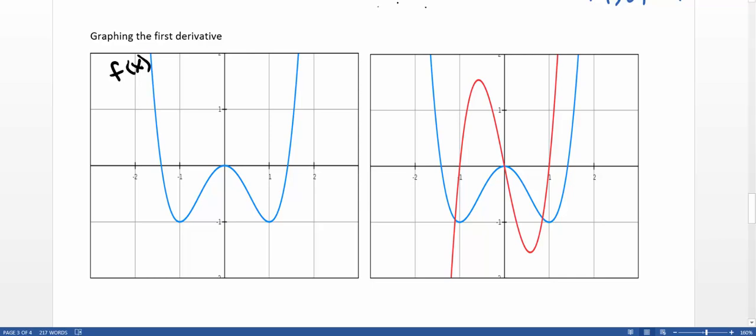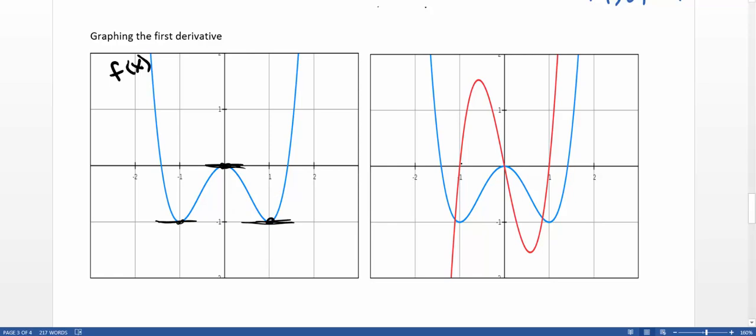It's always easiest to start with the zeros of the graph, so look for places where we should have horizontal tangent lines. Here we're changing from increasing to decreasing in 3 places. This happens at -1, 0, and 1.